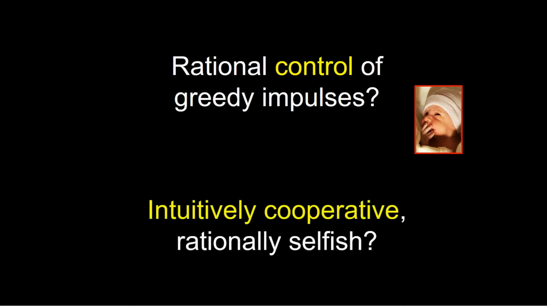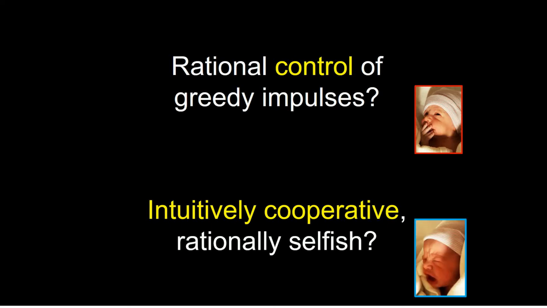Or is it the case that there's some intuitive predisposition towards cooperating and helping other people, and then when you stop and think about it, the calculus of self-interest makes you say, maybe actually I should not be helping this person, let me help myself? In which case, it's the intuitive response that is promoting cooperation.